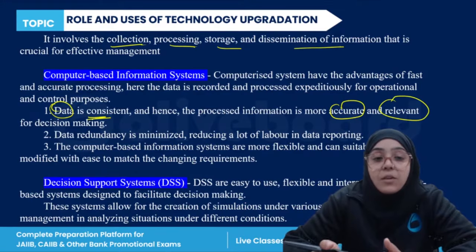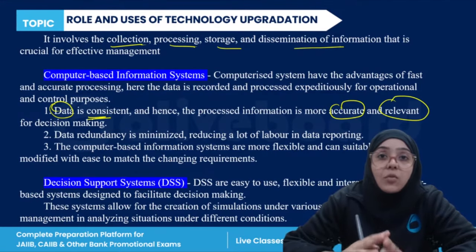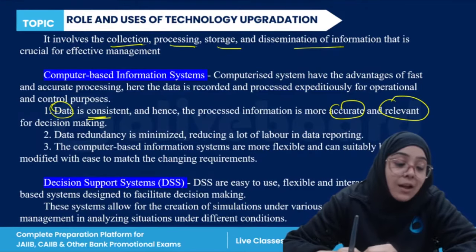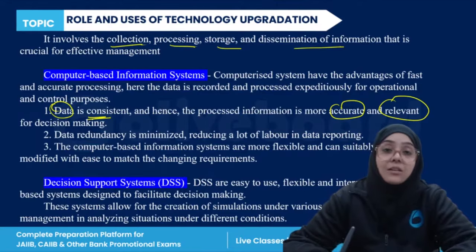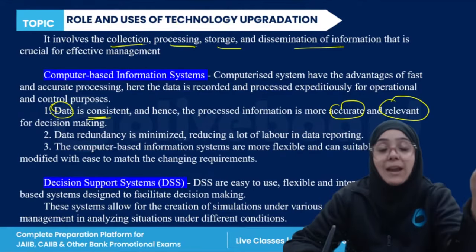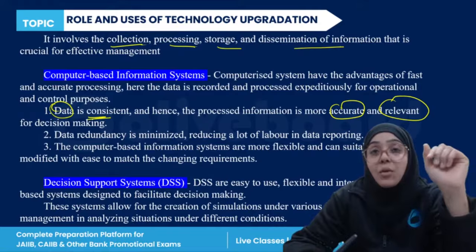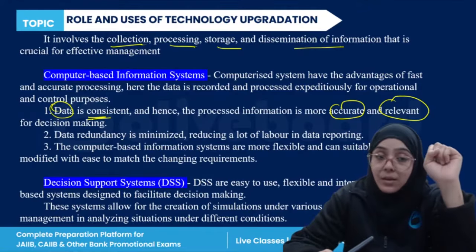We always prefer the data which is in the computer rather than manual data because of the accuracy and relevancy of this data. So this is very helpful. The data is very accurate and relevant for decision making, right?